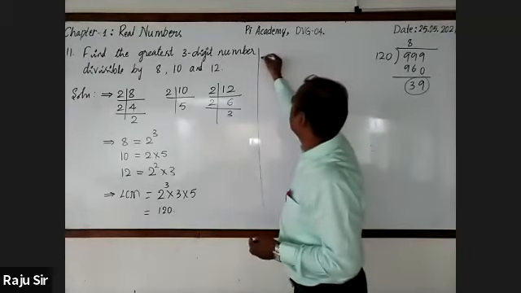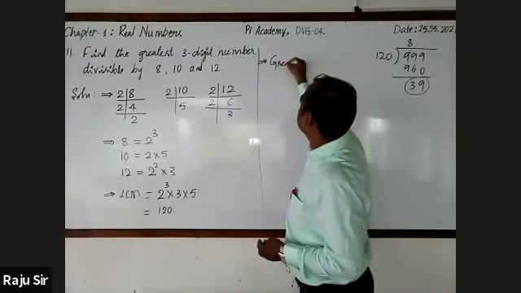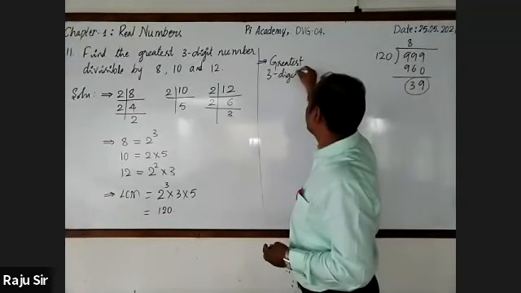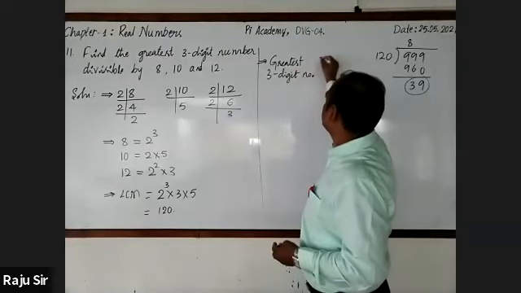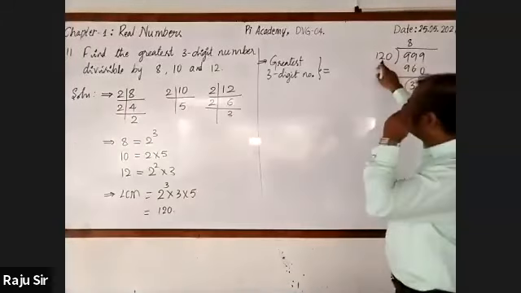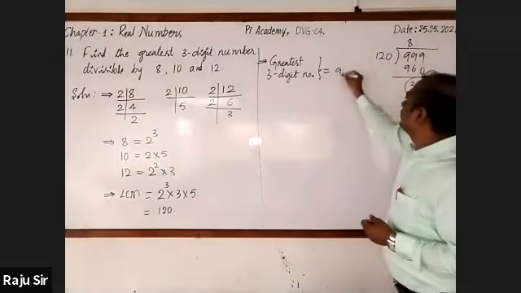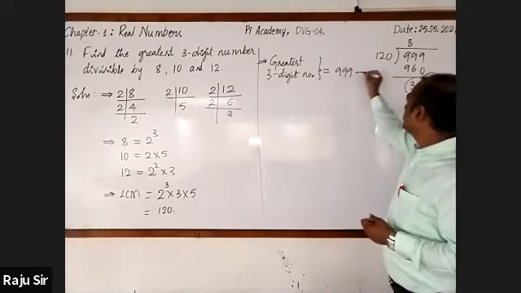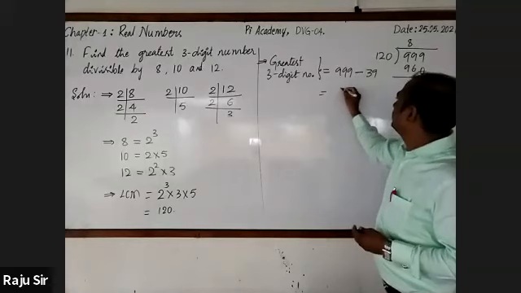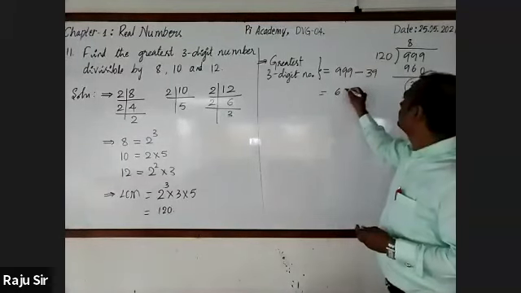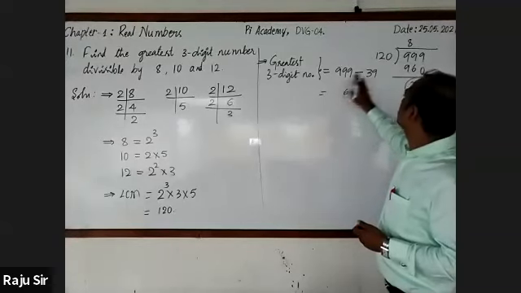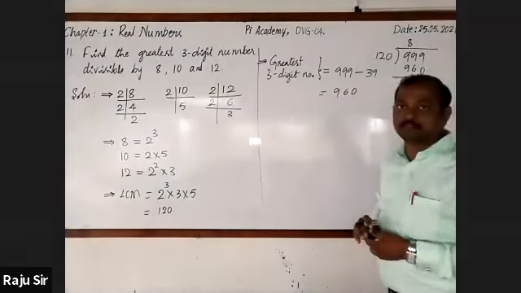So here I write: greatest three-digit number is equal to greatest three-digit number minus remainder 39. It will be 960.